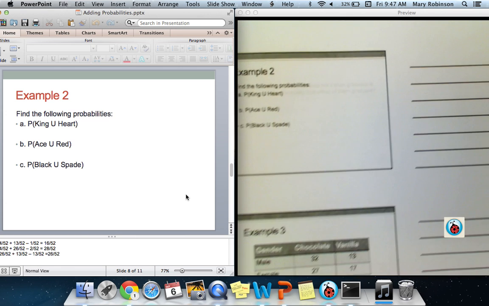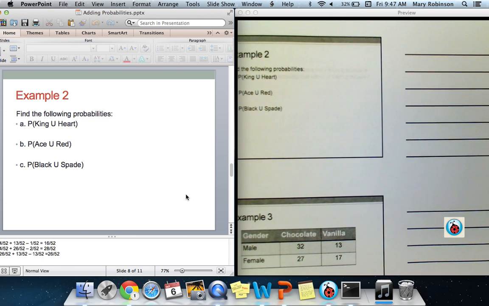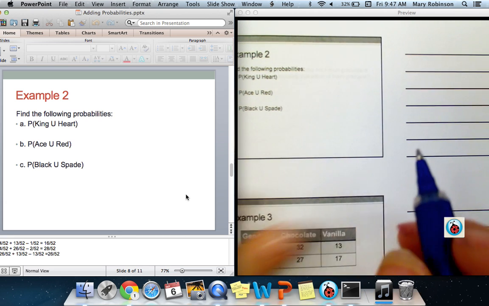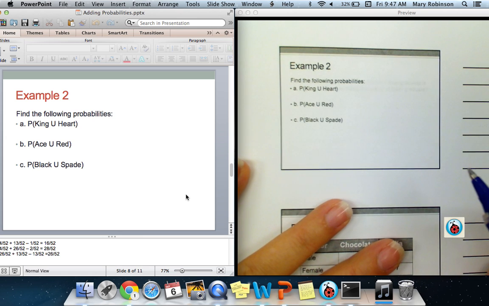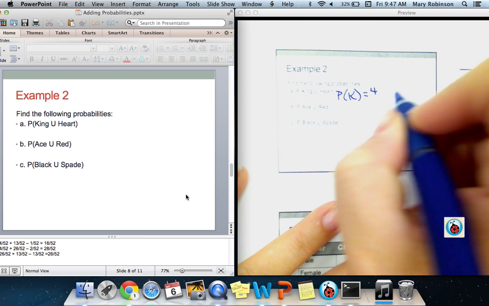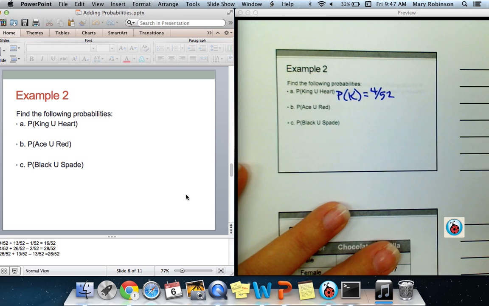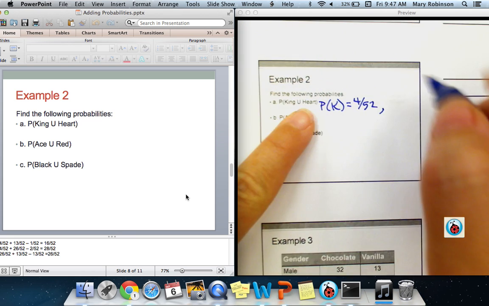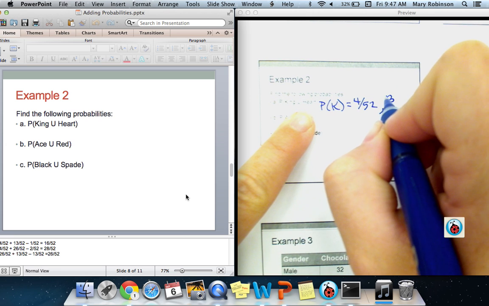So let's apply this addition rule. If we want to find the probability of getting a king or heart, we first should know the probability of each. So the probability of getting a king, remember there are 4 kings out of 52. The probability of a heart being drawn would be 13 out of 52.